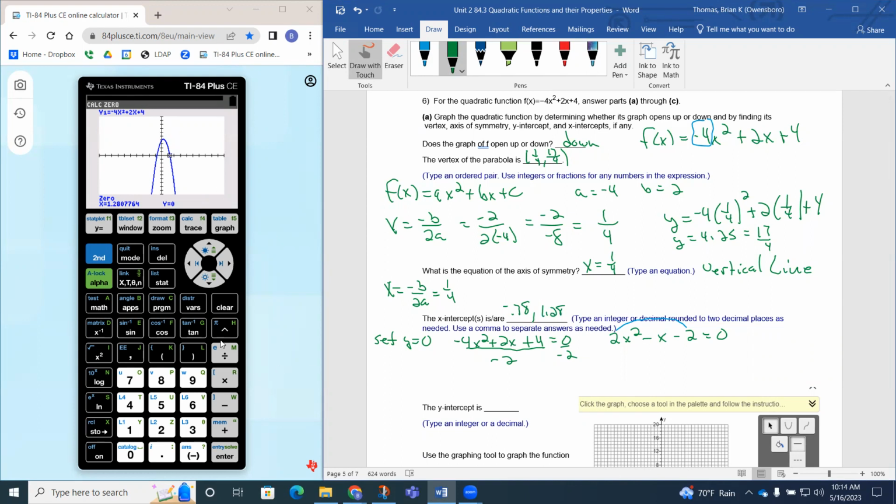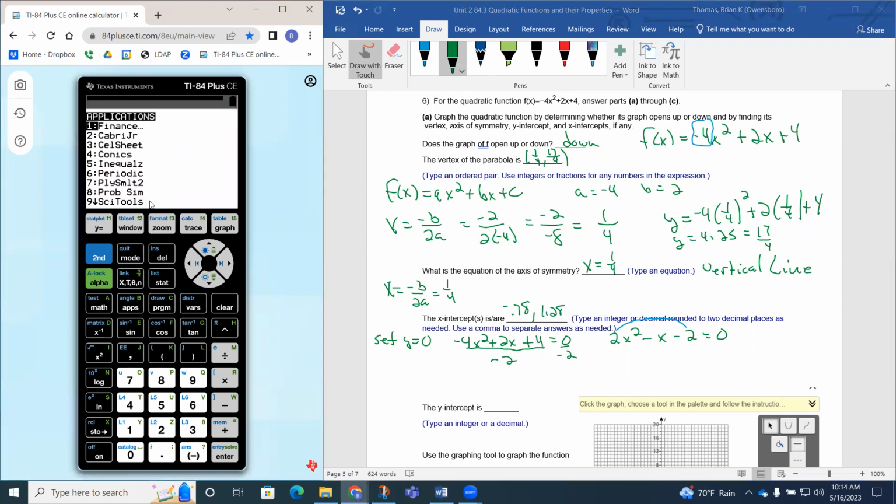We also could use the apps button on our calculator. Apps button, number 7, gives me what's called root finder, and this number 1. So it is a second degree function. We want real answers, so that all looks good. On mine, I have to hit next here. Then I just fill in these pieces. Yours may be different, but it has the same idea.